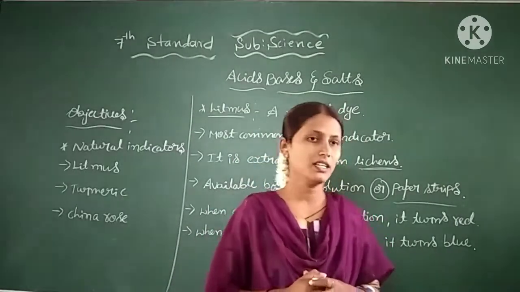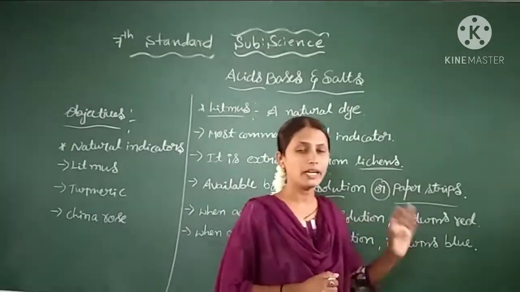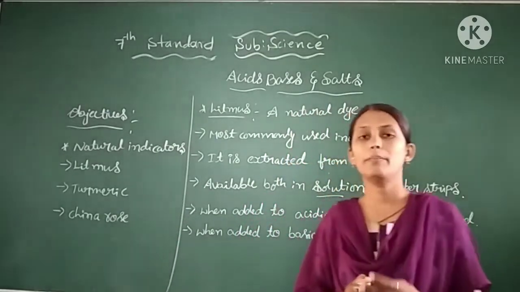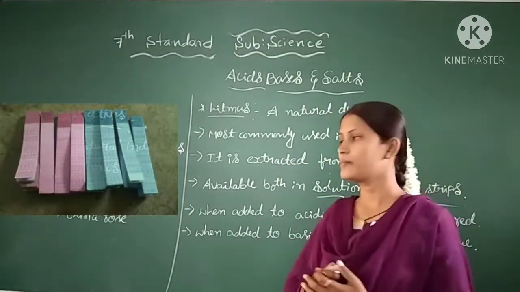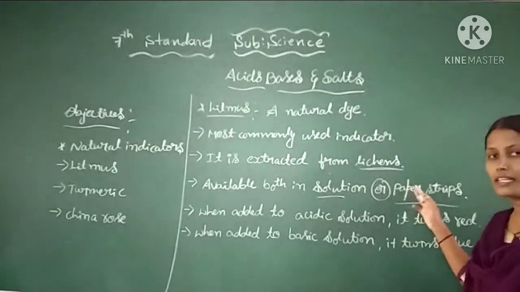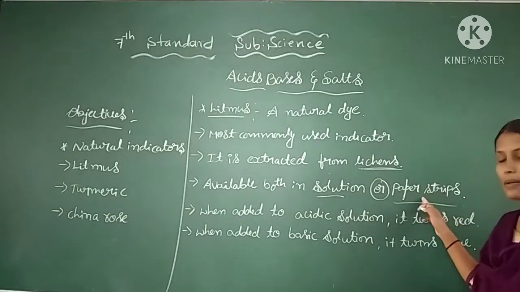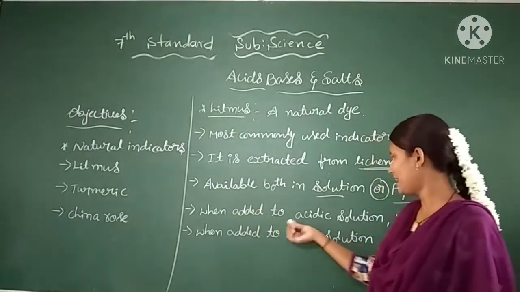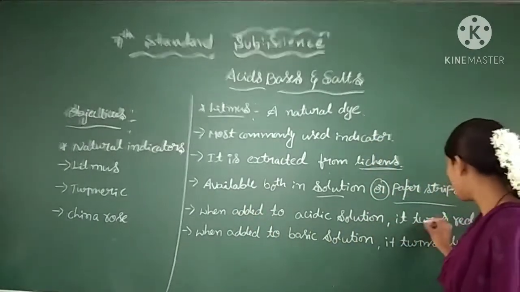The paper strip form is available as paper, which we call litmus paper. So it is available either as a solution or as paper strips. When added to an acidic solution, it turns red.